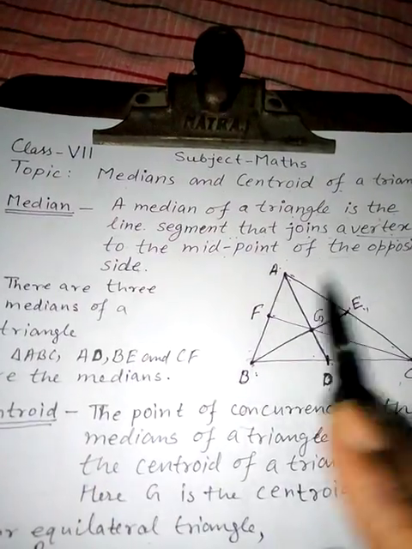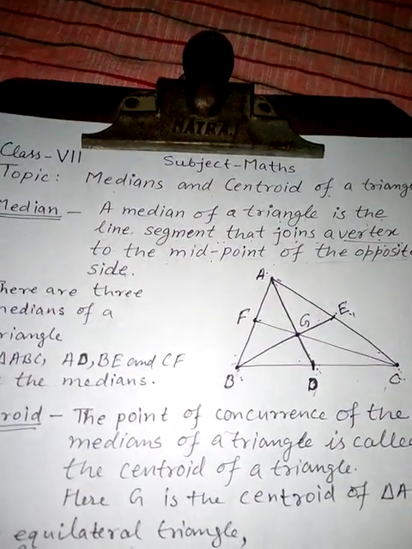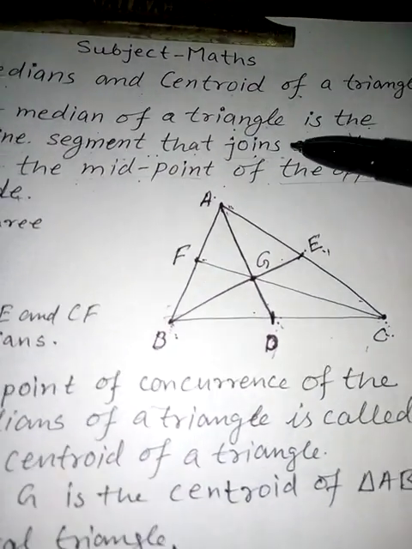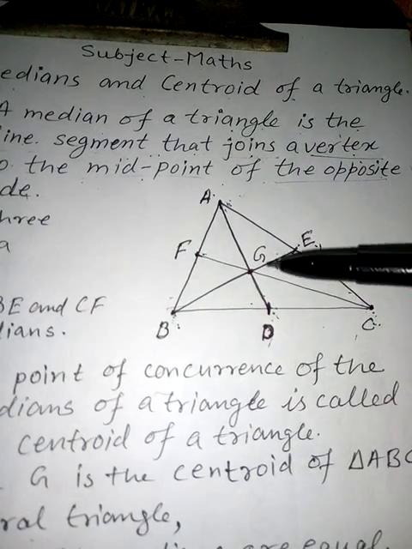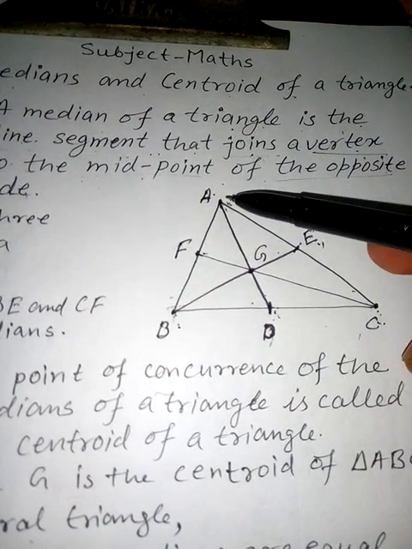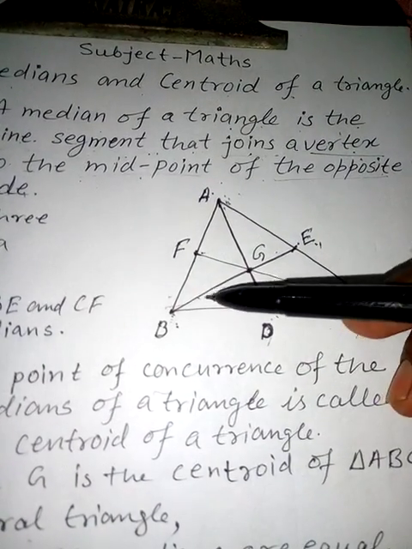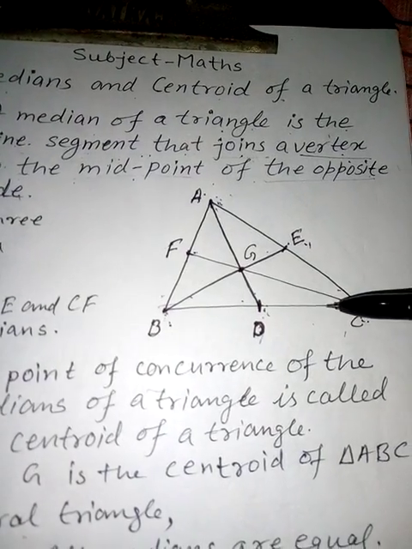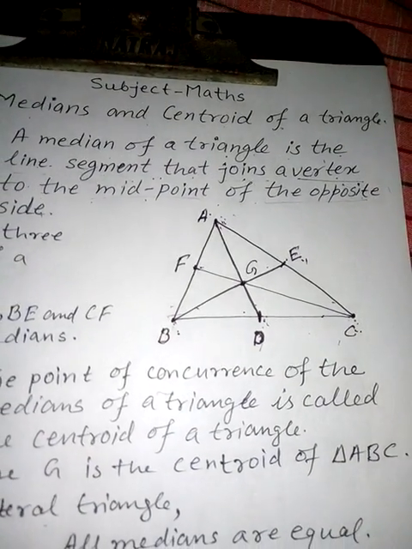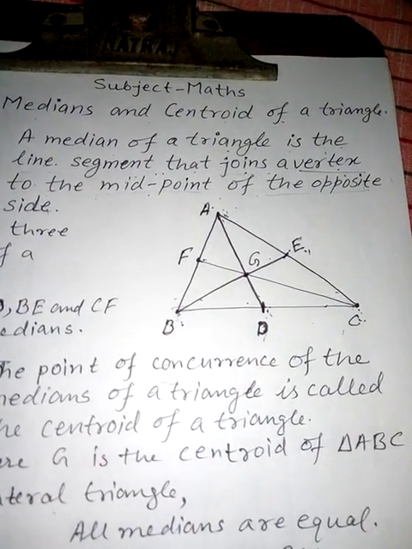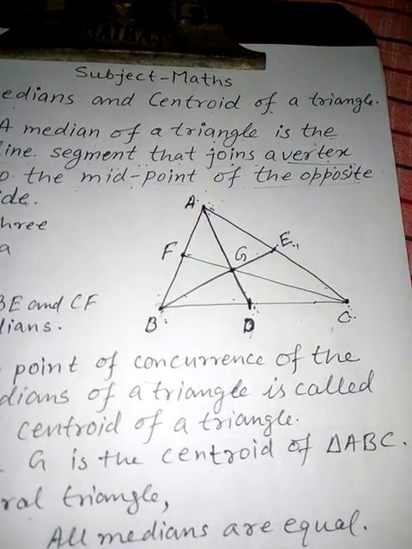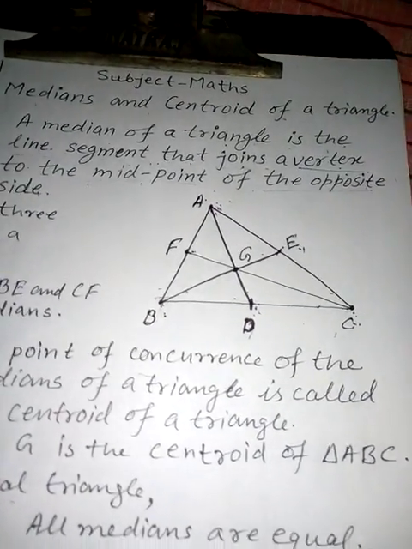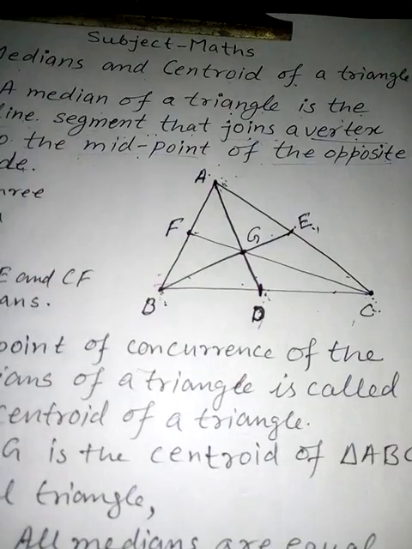So students, conclusively you can say that the median is a line segment that joins a vertex to the midpoint of the opposite side of a triangle. So here AD, BE and CF are the medians. Look at these three medians carefully.